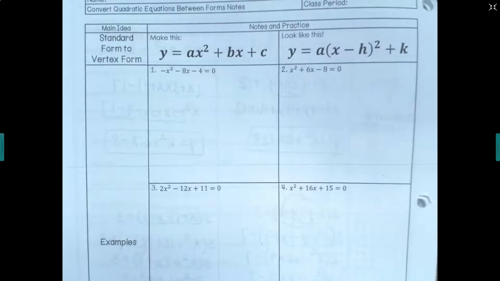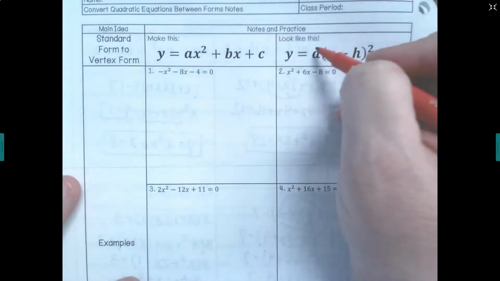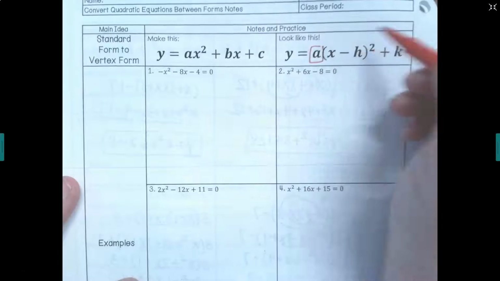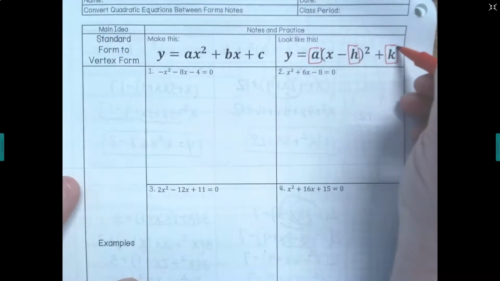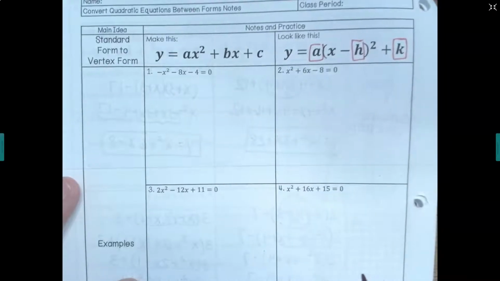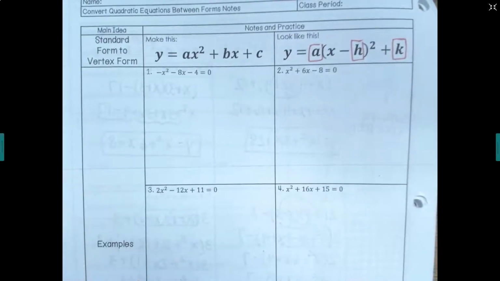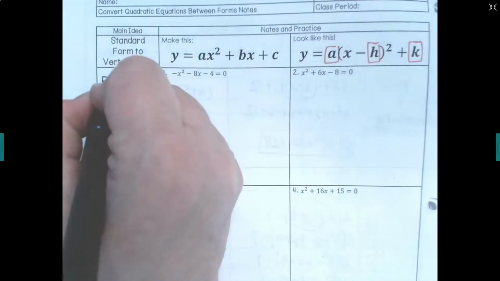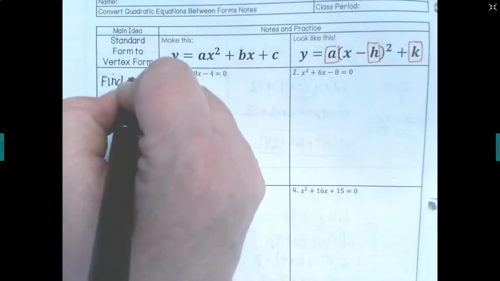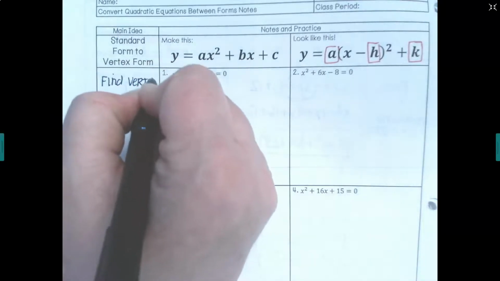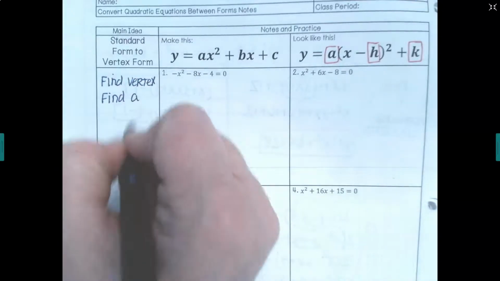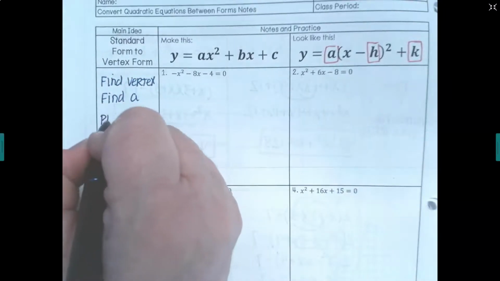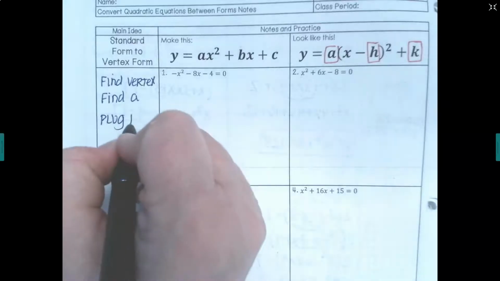Right, so in the vertex form, what we really need is whatever A is, and H and K. Remember, H and K are the vertex. So we need to find the vertex. We need to find what the A value is. And then we're just going to plug in everything into the equation.